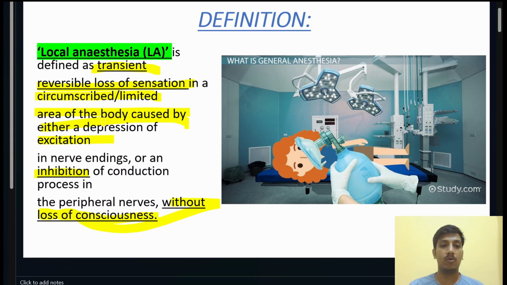But in contrast, local anesthesia does not cause loss of consciousness of the patient. It is very important that it should not cause loss of consciousness.